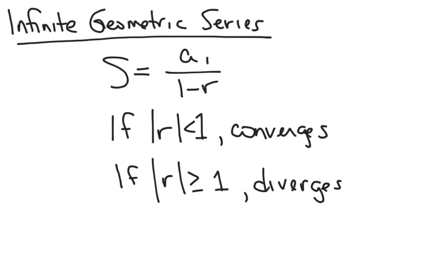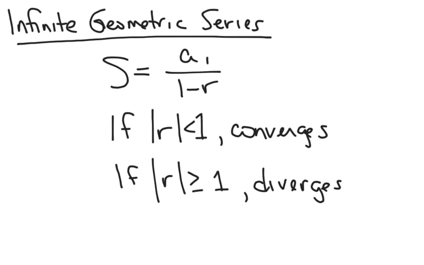So when a sequence converges, it's going to have a sum, even though it's infinite. And the formula for the sum is a sub 1 over 1 minus r. You're going to know if a sequence converges or diverges by looking at the common ratio. If the common ratio is less than 1, it's going to converge and have a sum.